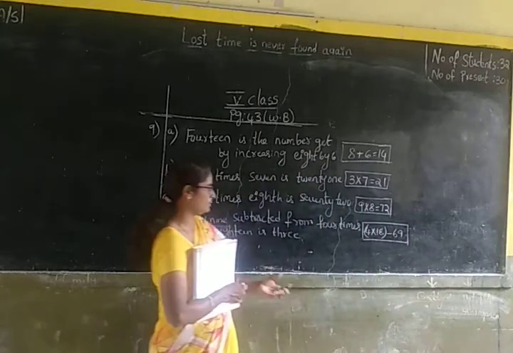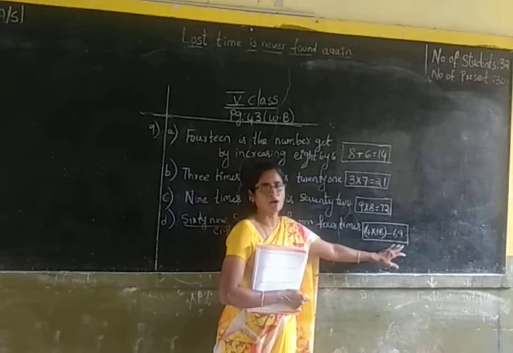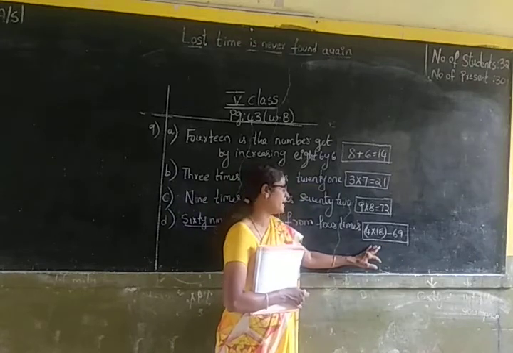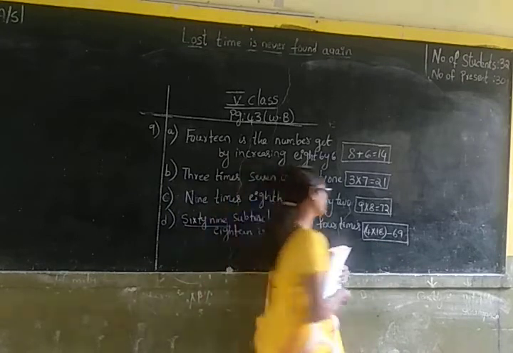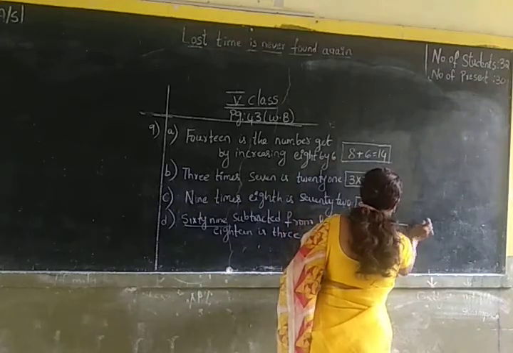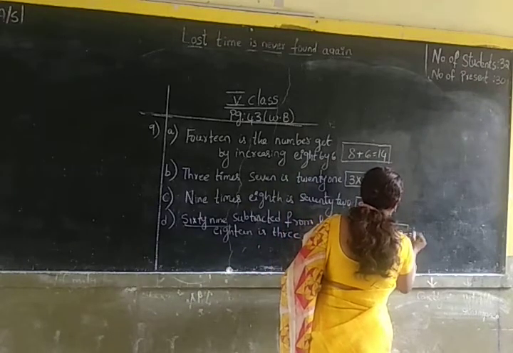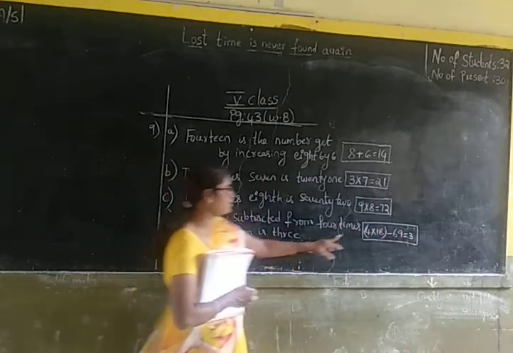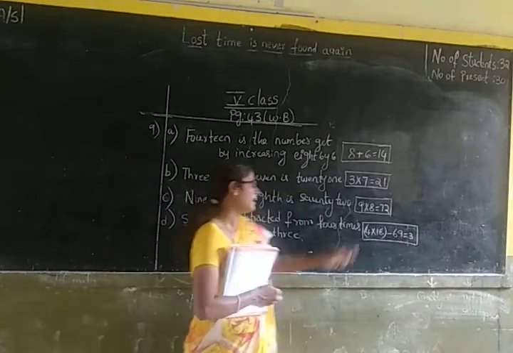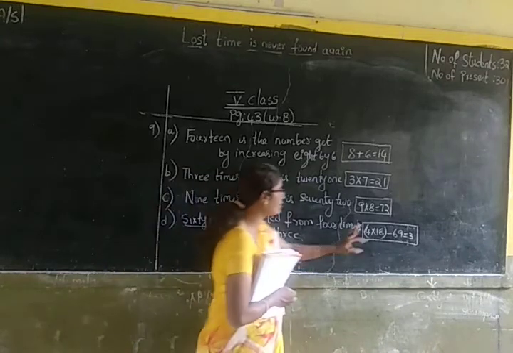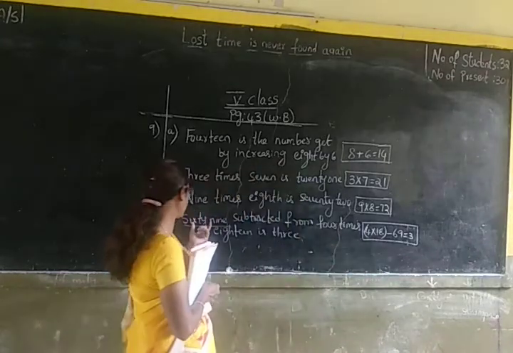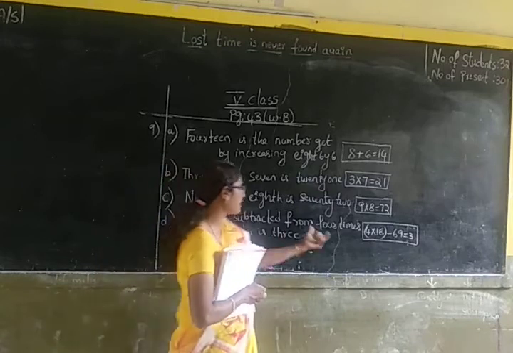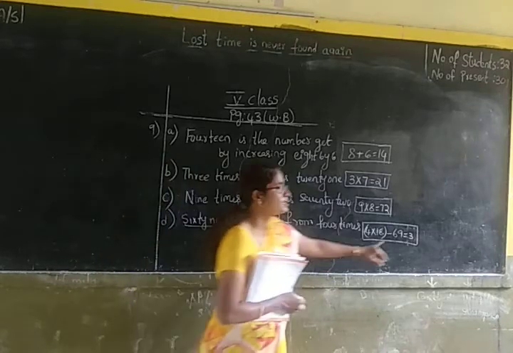Times means multiplication, which means you have to subtract 69 from 4 times 18. Did you understand, children? 4 times 18 means 4 into 18, and you have to subtract 69 from it.